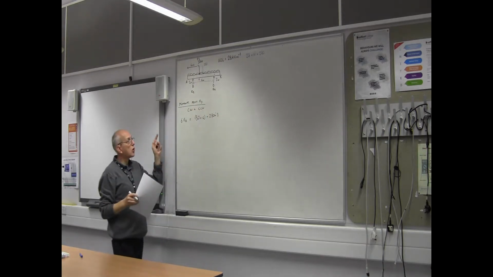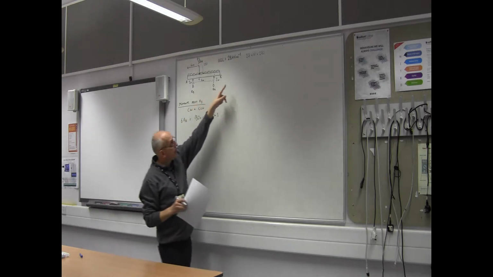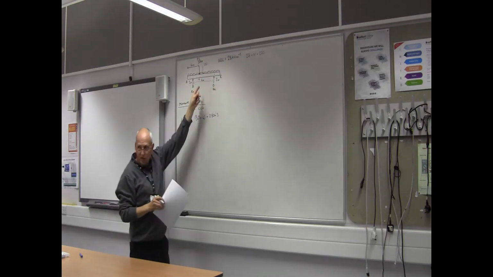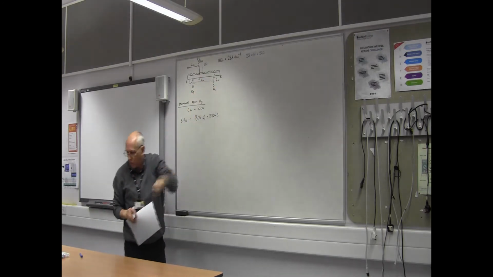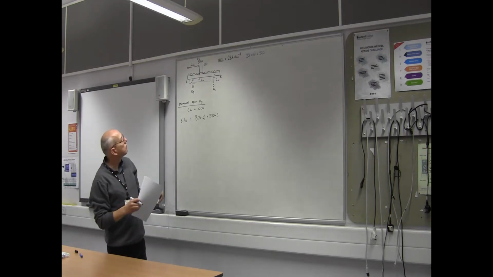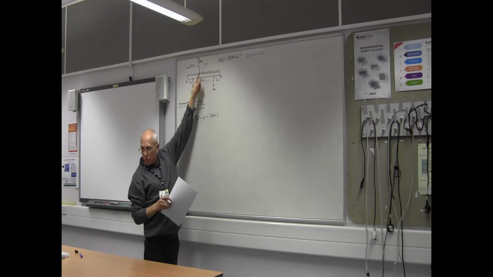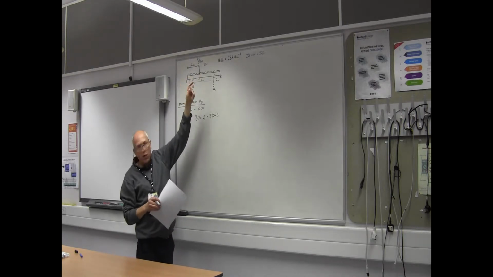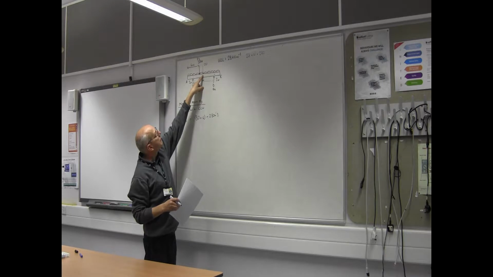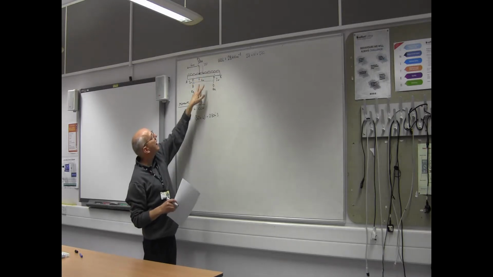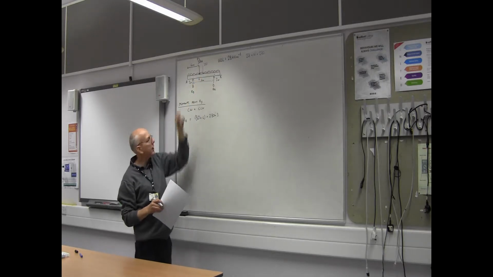My distributed load is 28 times 10, working in the centre from the averaging point of view, times 3. It's 3 metres for this point. So I've made the distributed load into a point force acting in the middle at 5 metres, so it's 2 metres from there, the middle's 5, so it's 3.